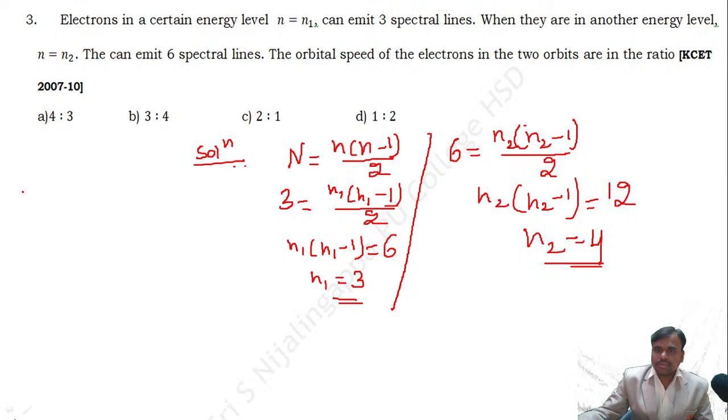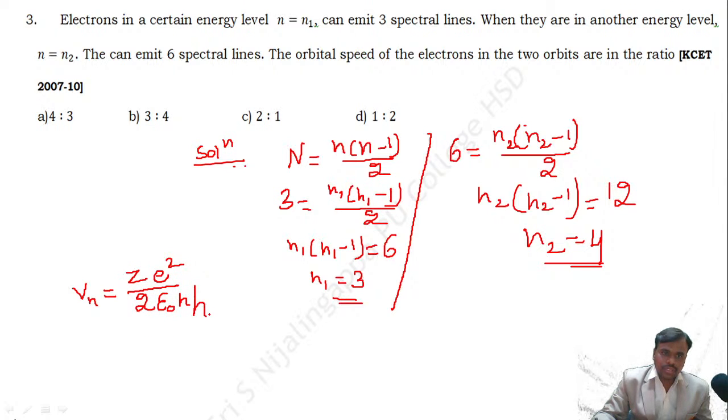Here next, the simplification is easy because we know both n1 and n2 values. Therefore, by substituting n1 and n2 values, we can easily get v1 and v2. Students, next we also know that vn is equal to, what is the expression for velocity of an electron in nth orbit? Vn is equal to z e square by 2 epsilon naught nh.